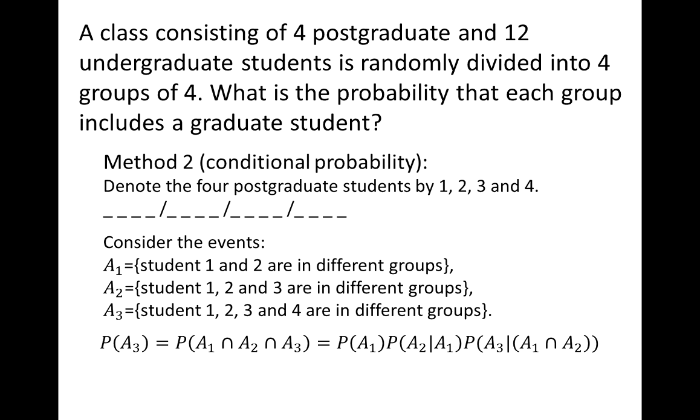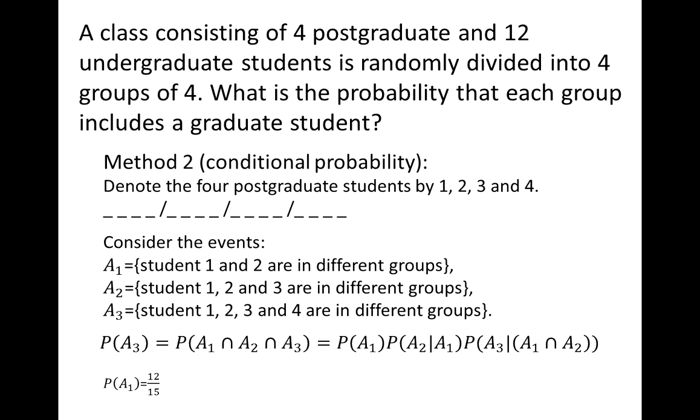So the probability of A3 is equal to the probability of A1 and A2 and A3. We expand this term based on the multiplication rule and obtain that the probability of A3 is equal to the probability of A1 times the probability of A2 given A1 times the probability of A3 given A1 and A2.